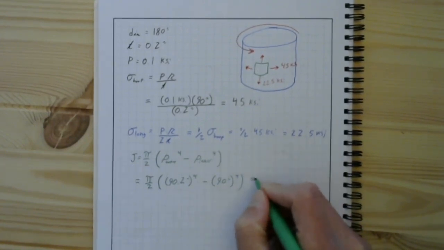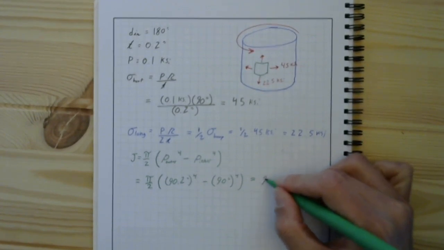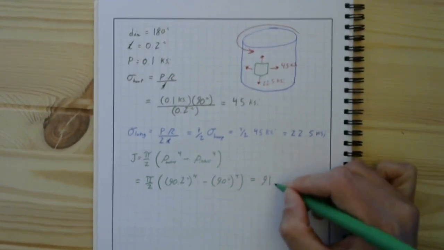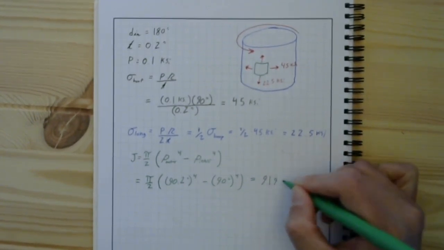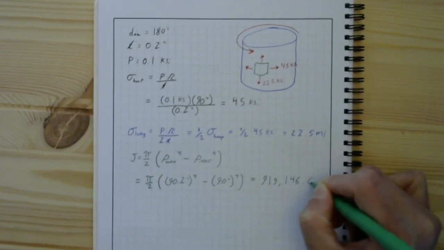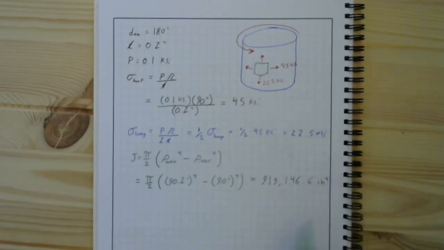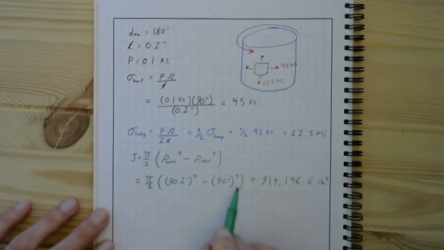And when we punch everything in there, we're going to get 919,146.6 inches to the fourth. It's really not necessary to get all the way to 0.6 with this, I think, but it's fine.